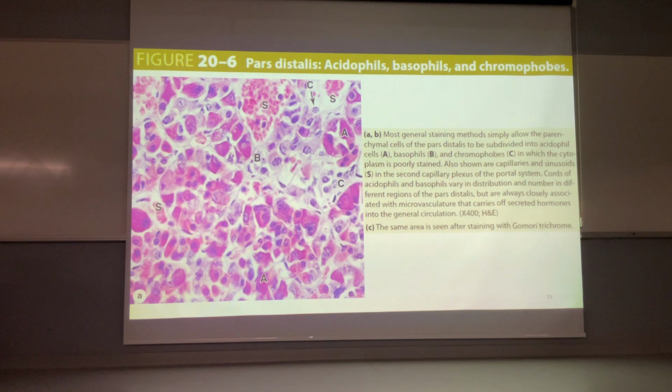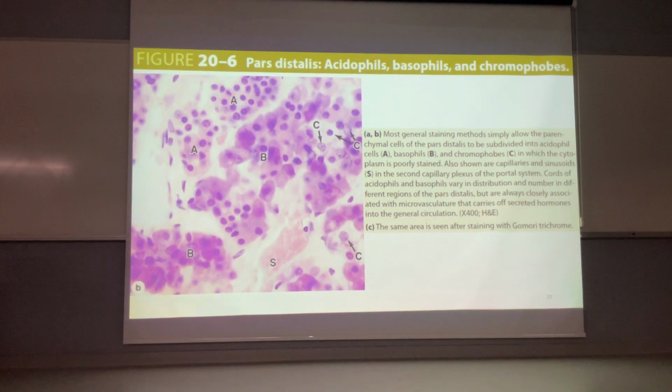Because of the structure of growth hormone and prolactin, the cytoplasm of these cells is stained pink. But the basophilic cells have different content. For example, basophilic cells can produce the gonadotropins and also corticotropin hormones. Because of that, the cytoplasm of these cells is stained purple. Can you understand?